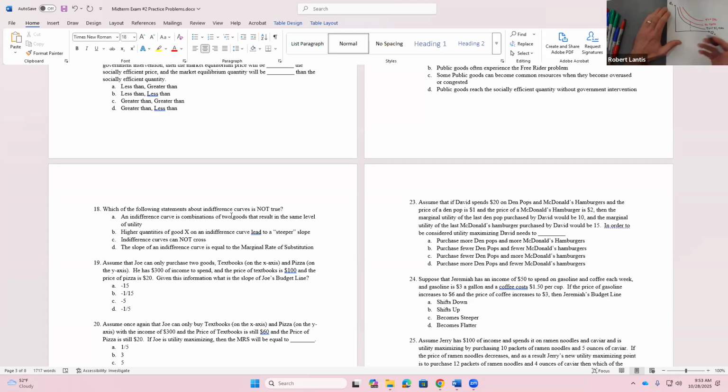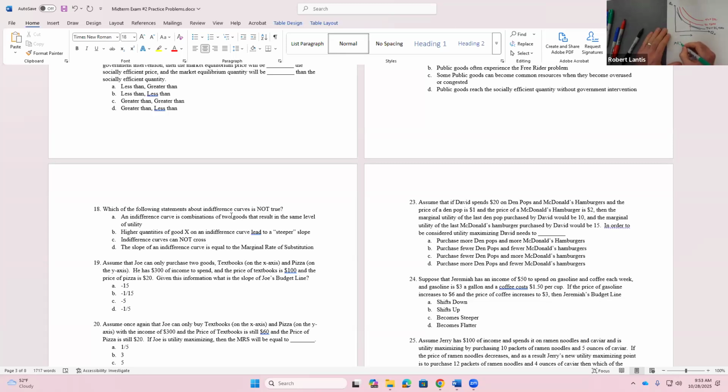Now, when I'm thinking about the slope of my indifference curve, we always draw them bowed inward. So what is that telling us? That as I have more of this X good, what is happening to the slope of my indifference curve? It's becoming flatter, right? What is the slope of my indifference curve?